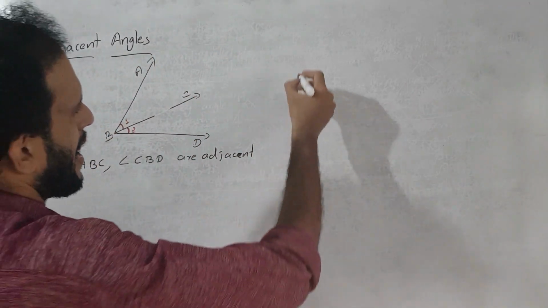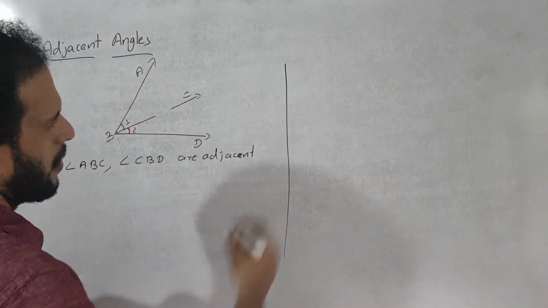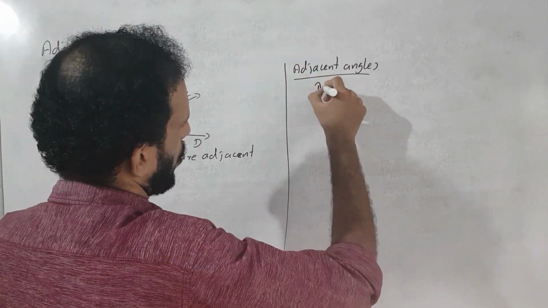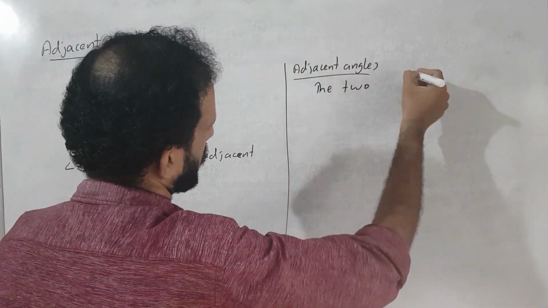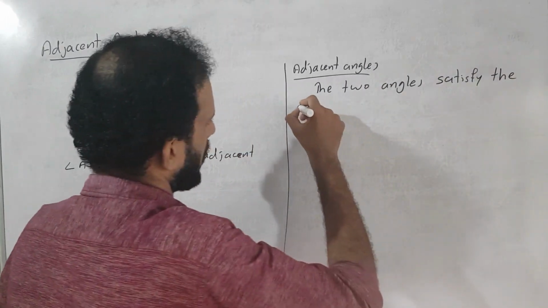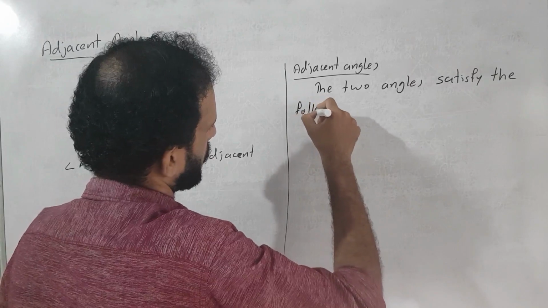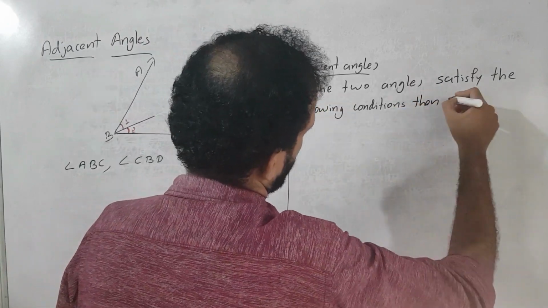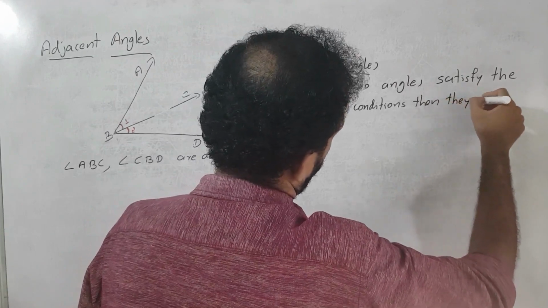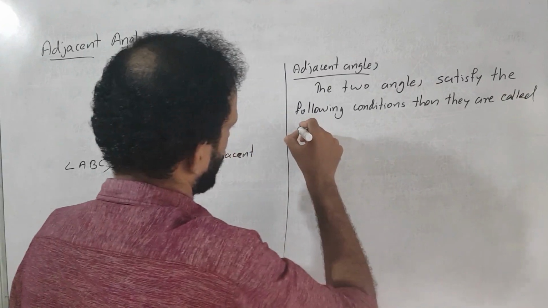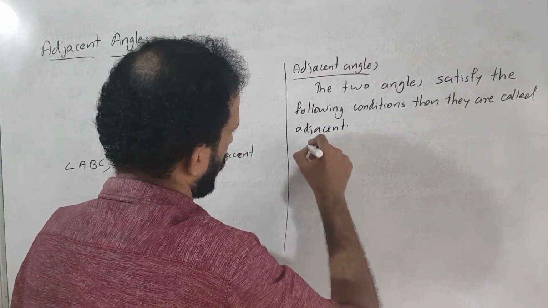Adjacent angles: if two angles satisfy the following conditions, then they are called adjacent. What are the conditions?